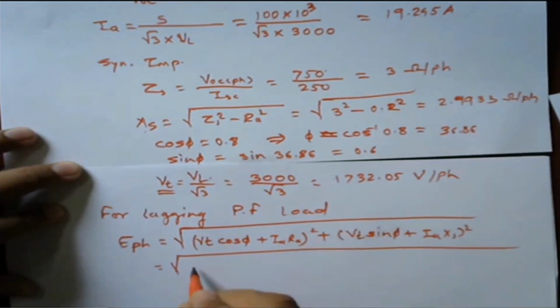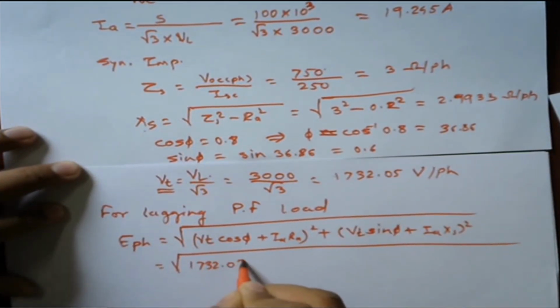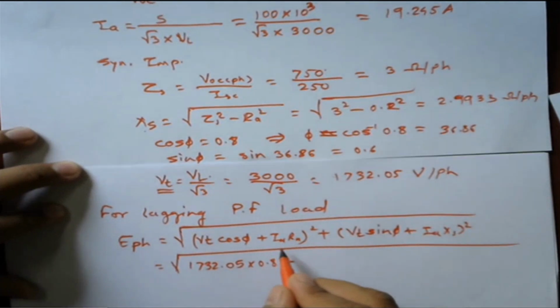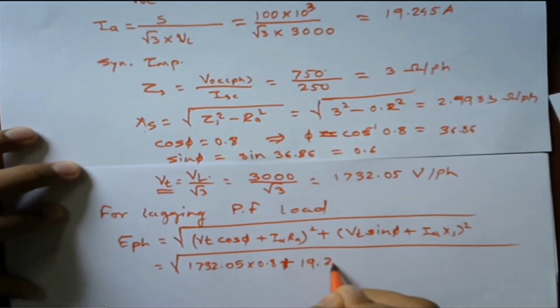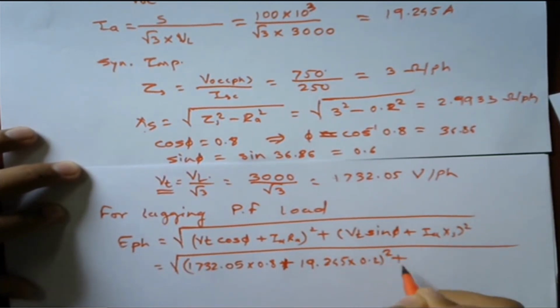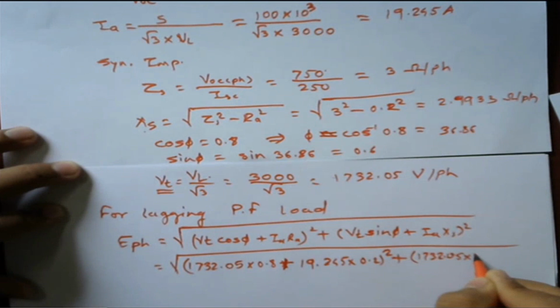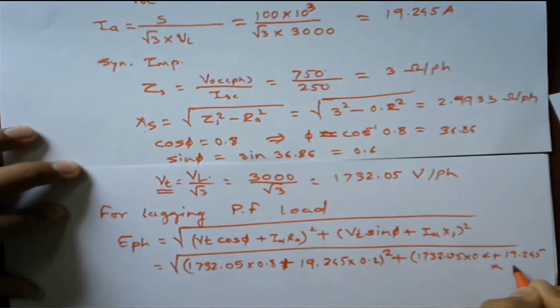Vt is 1732.05 into cos phi, 0.8, plus Ia, 19.245, into Ra, 0.2, this square, plus Vt, 1732.05, into sin phi, 0.6, plus 19.245 into Xs, 2.99, whole square.